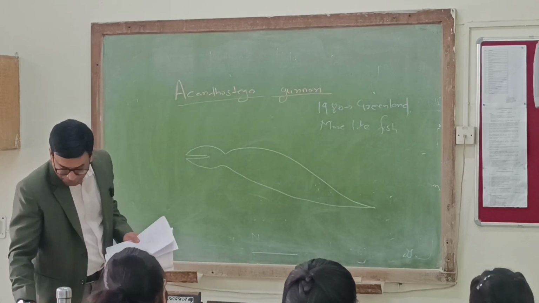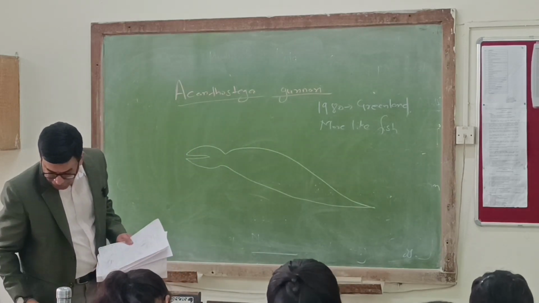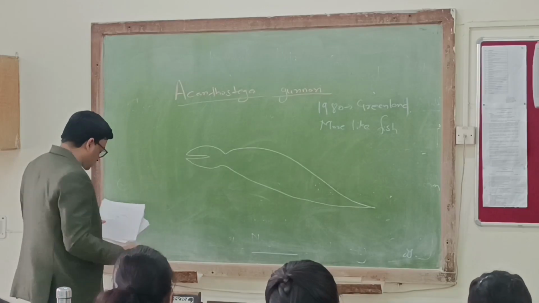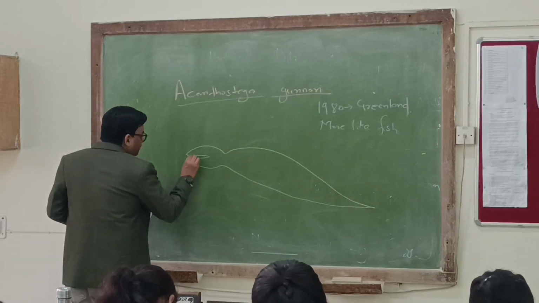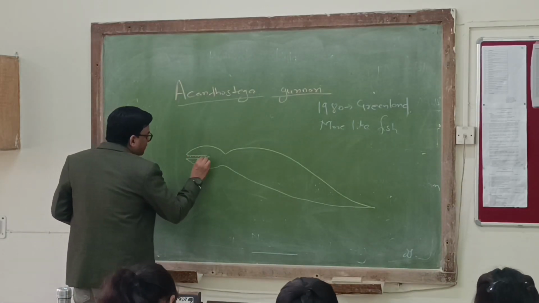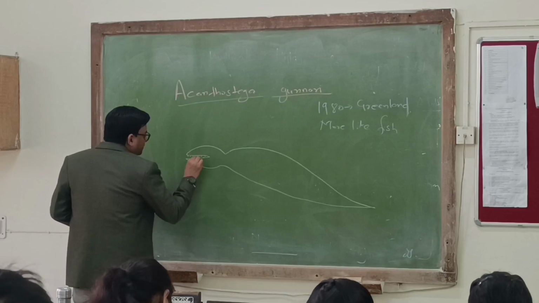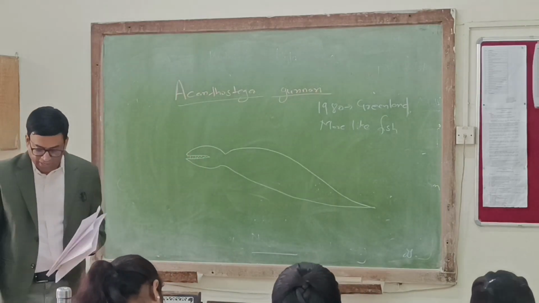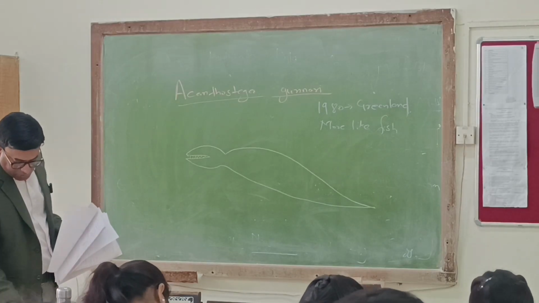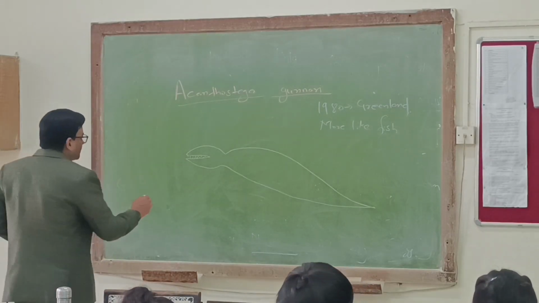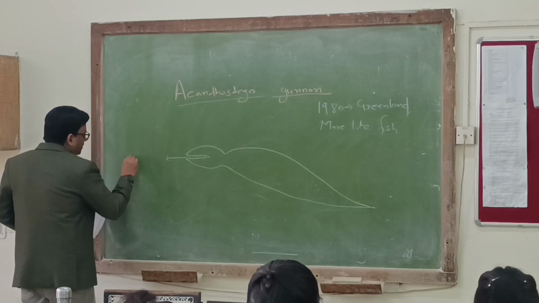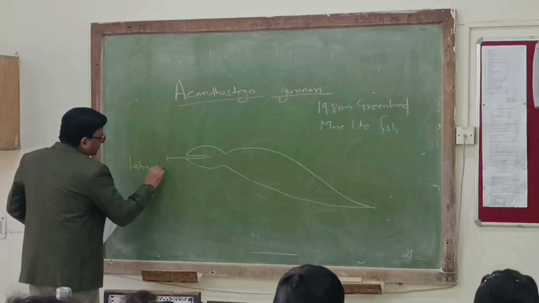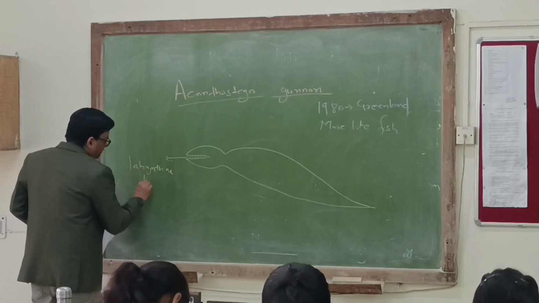So draw the fish-like fusiform structure with teeth, because all these are predators and they prey on other fish-like organisms. So they need strong teeth where enamel gets inside the dentine and makes them strong. So these are labyrinthine teeth.